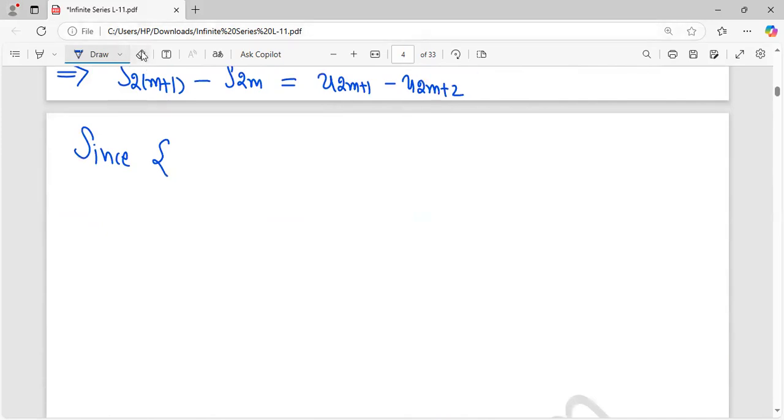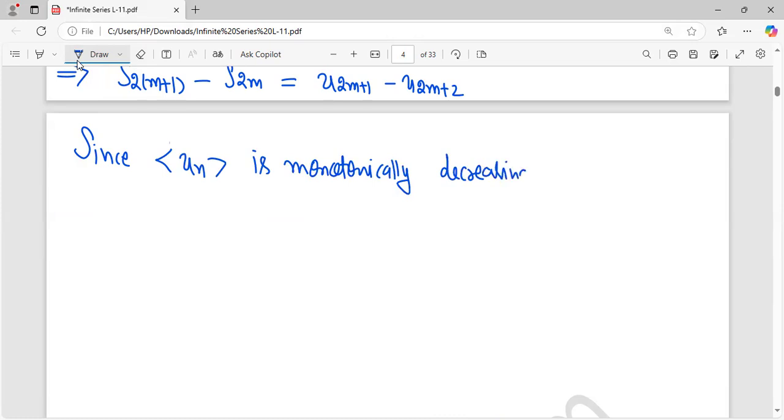Now since this sequence u_n is monotonically decreasing, we get u_2m+2 is less than u_2m+1.